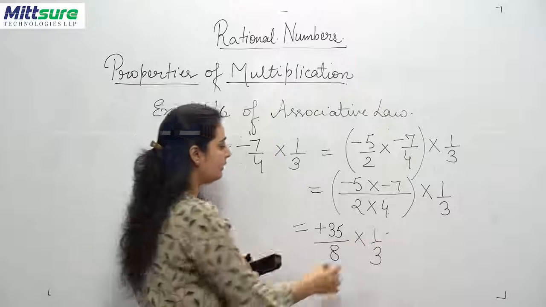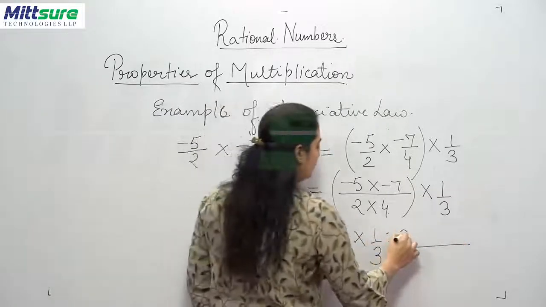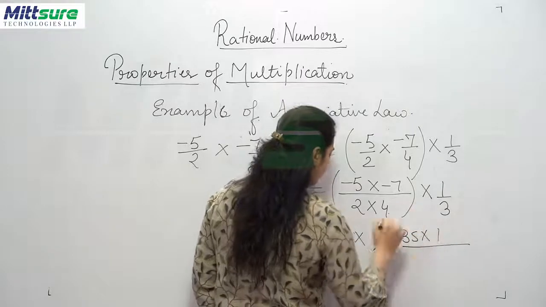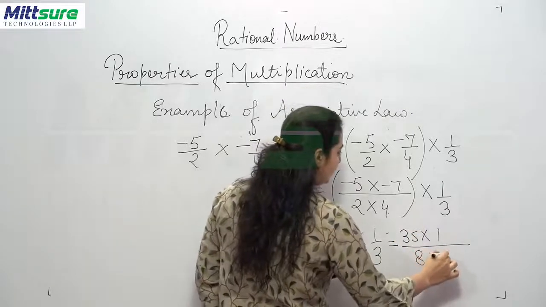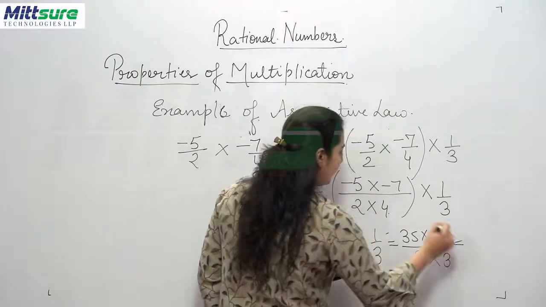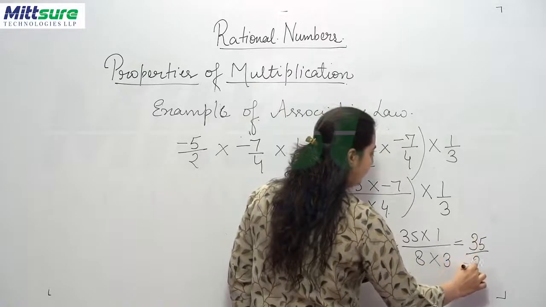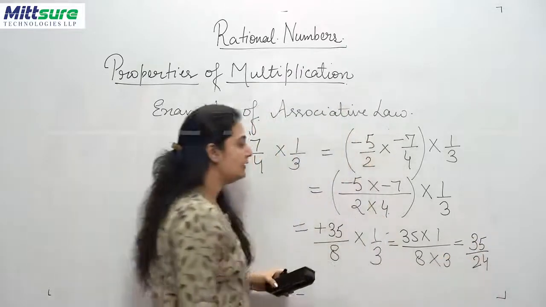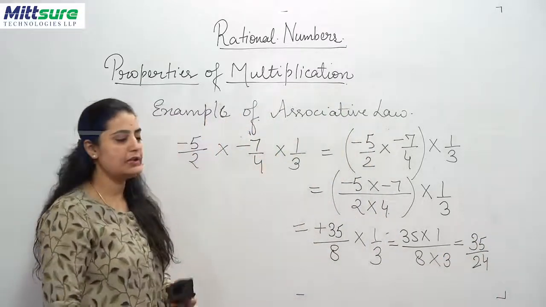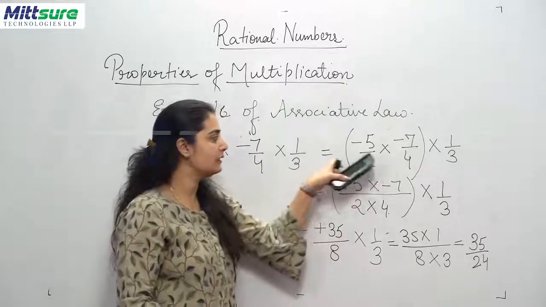So again we will be multiplying it in the same manner, numerator with the numerator, denominator with the denominator. Now what am I going to get here? 35 upon 24. So what is the answer of this association, or what is the product of the association of these rational numbers?